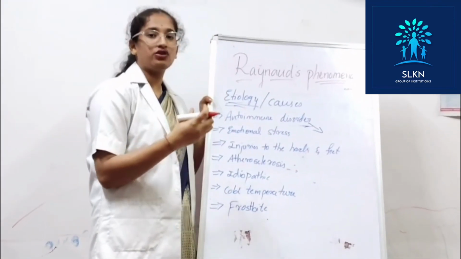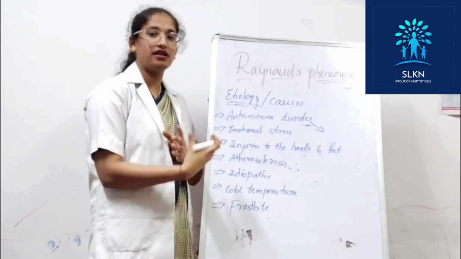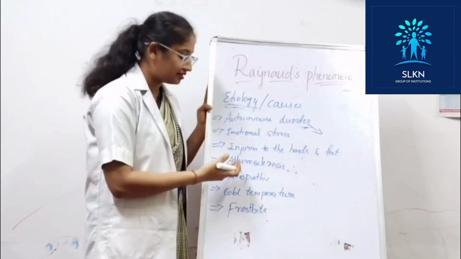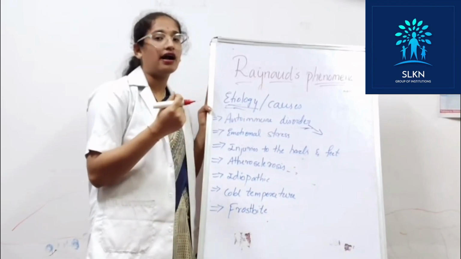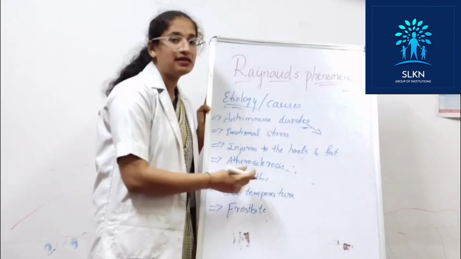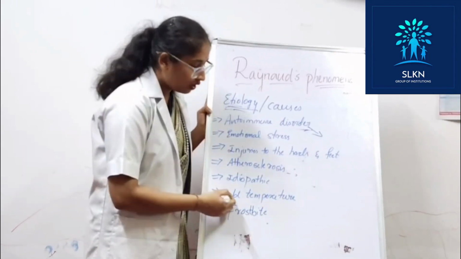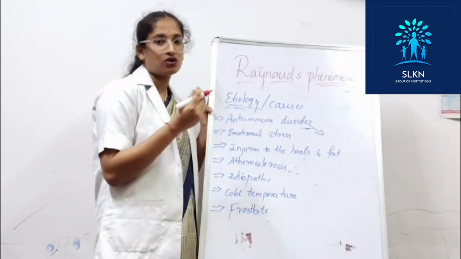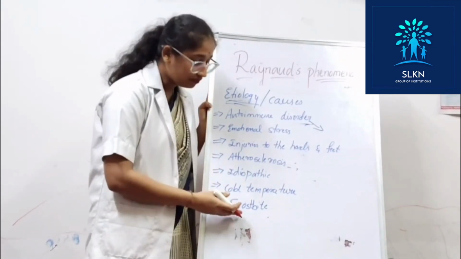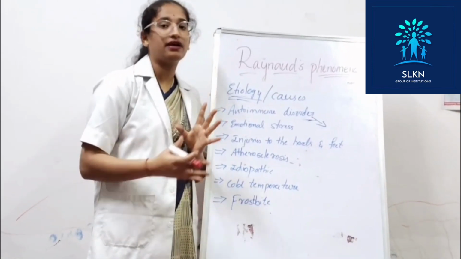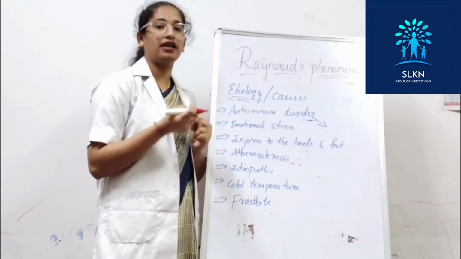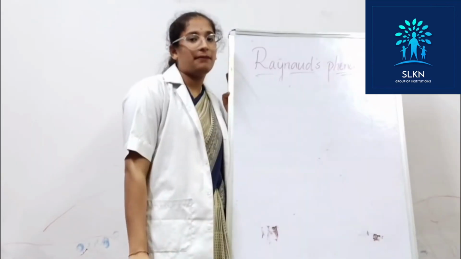Then atherosclerosis, which means plaque storage in the arteries. Idiopathic means unknown cause. Then cold temperature, where blood circulation decreases. Then frostbite, where our hands and feet become too frozen in very cold temperature.